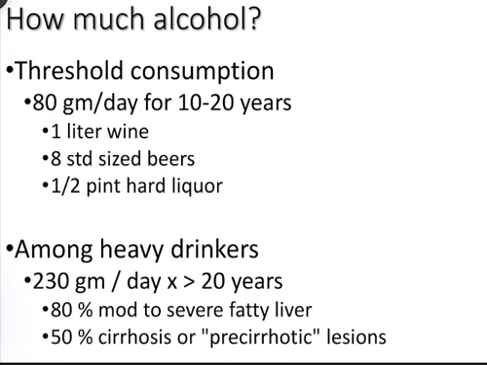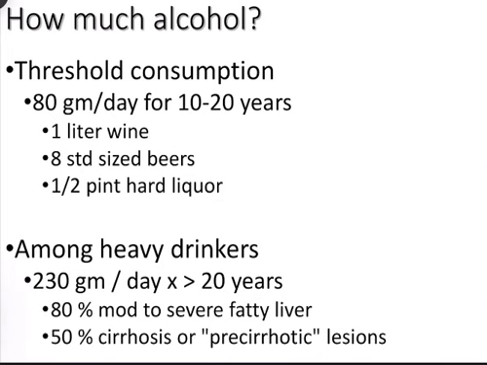What is the equivalent? 1 liter of wine per day can be tolerated by your liver. 8 standard-sized beers can be tolerated by your liver. Half a pint of hard liquor can be tolerated by your liver. Excess of those can cause signs and symptoms of alcoholism and even liver damage.